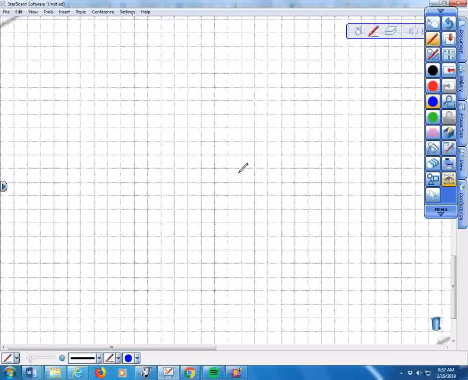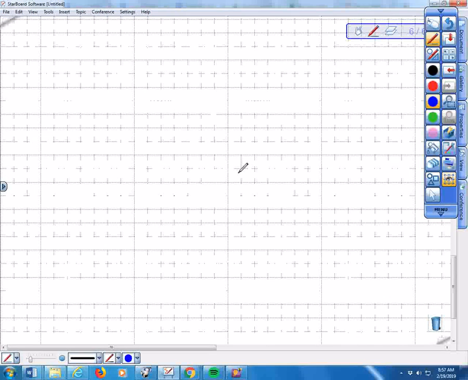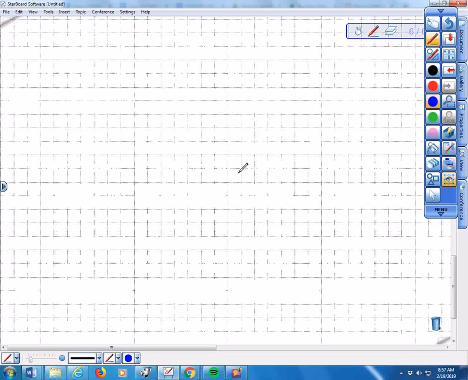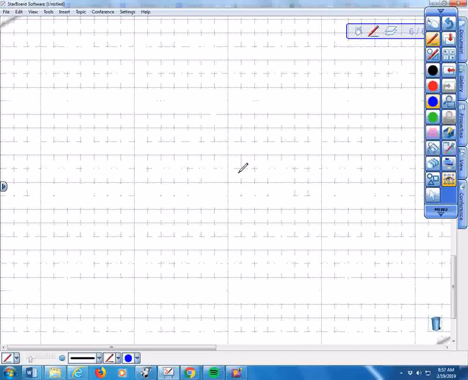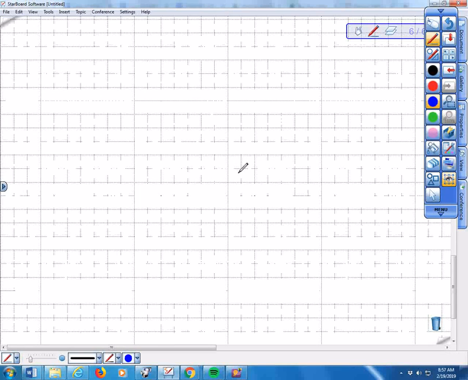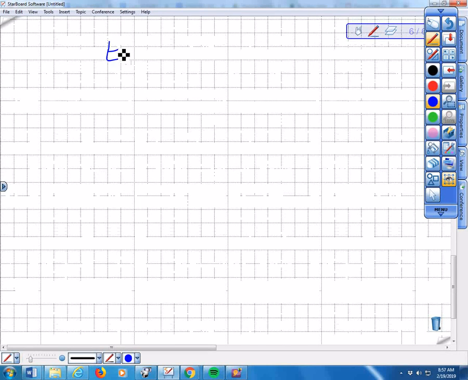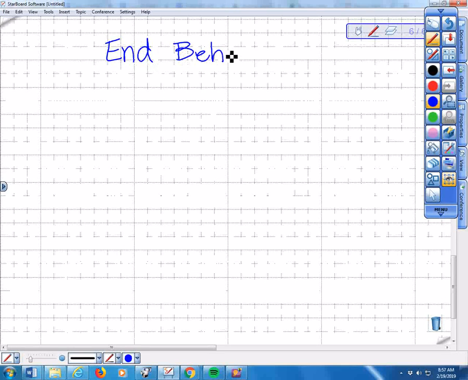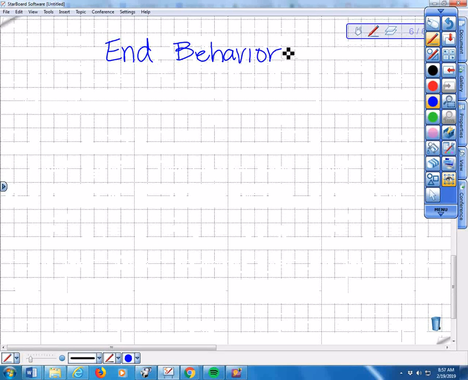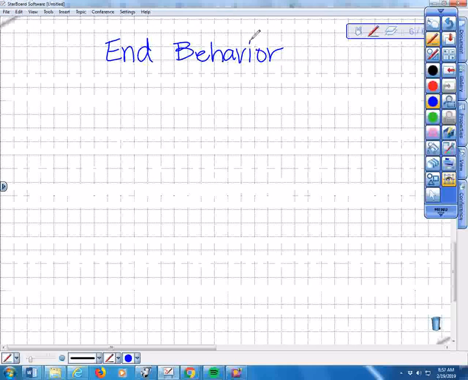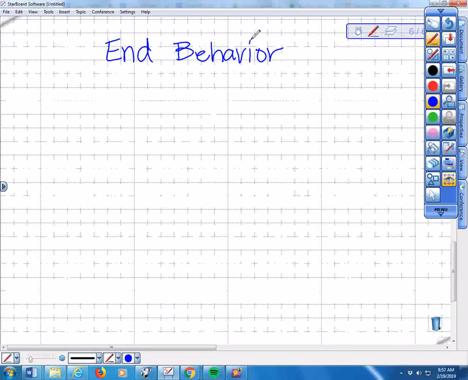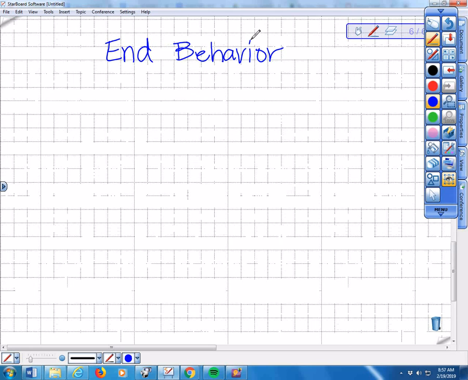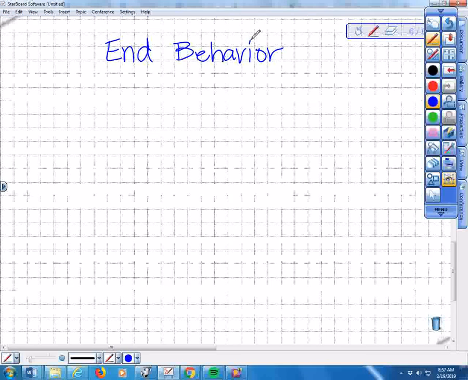Okay, so section 10, there's a few important things that you need to know about a graph of a polynomial. To start with, there's something called end behavior. Anyone want to take a guess as to what end behavior might be when it comes to looking at a graph of a polynomial? Ending result.